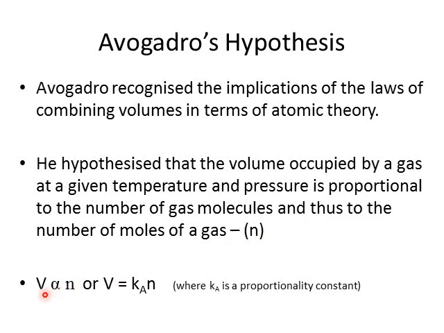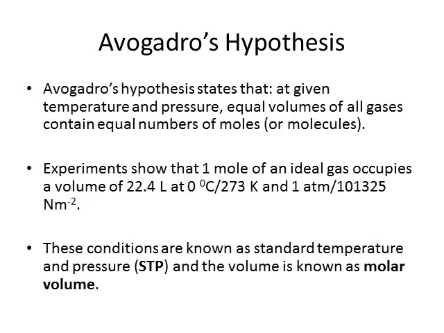Mathematically put, we would say that volume is proportional to the number of moles, or that volume is equal to a proportionality constant, the symbol A for Avogadro, times the number of moles. So Avogadro's hypothesis states, at a given temperature and pressure, equal volumes of all gases contain an equal number of moles or molecules.